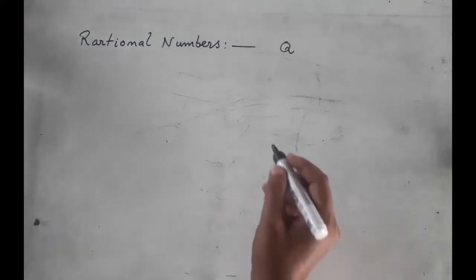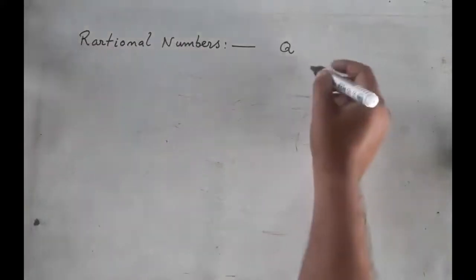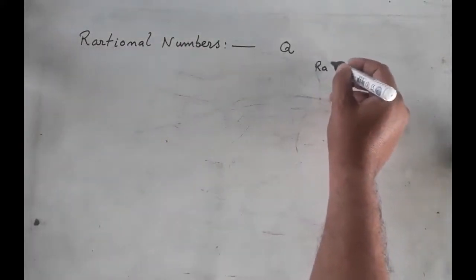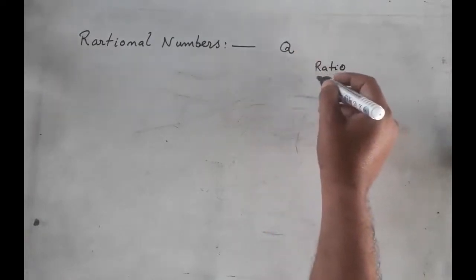Rational comes from the word ratio, and Q is taken from quotient.